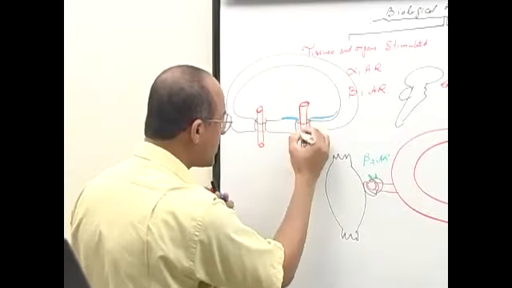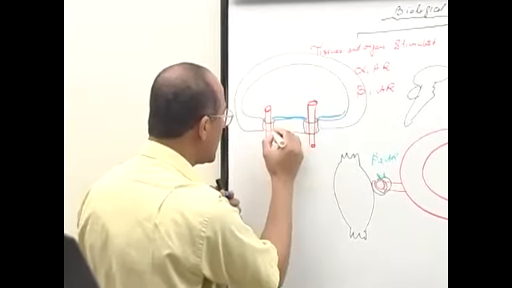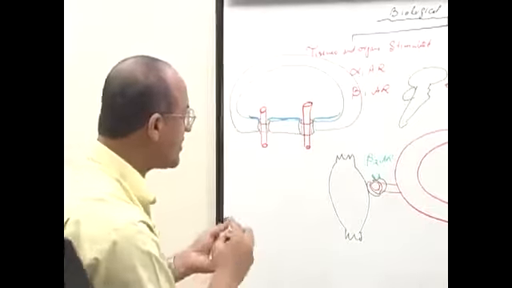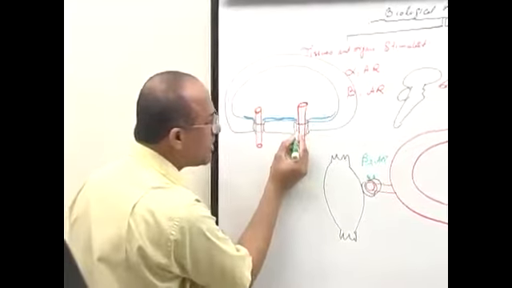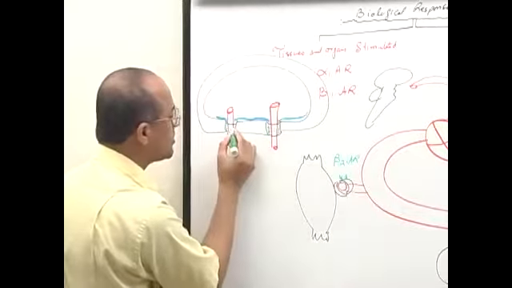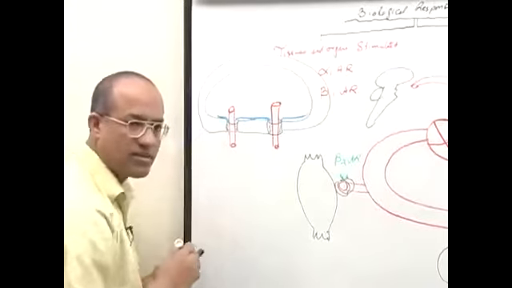Do you know that? The blood vessels which are entering or leaving the central nervous system, in the dural sleeve, in the dura mater here, there is a very high concentration of pain receptors. What are the receptors here? Pain receptors.